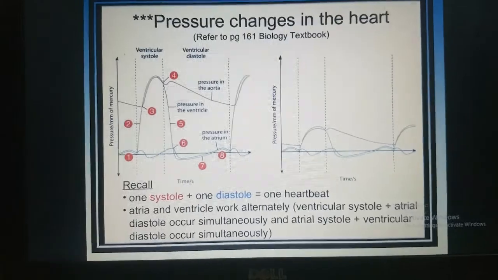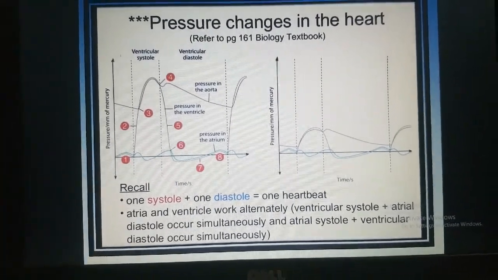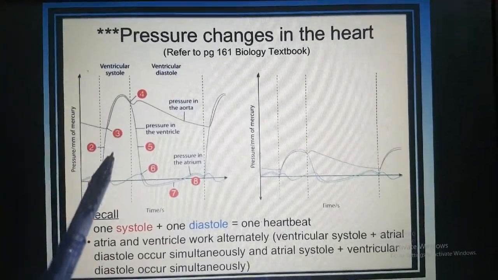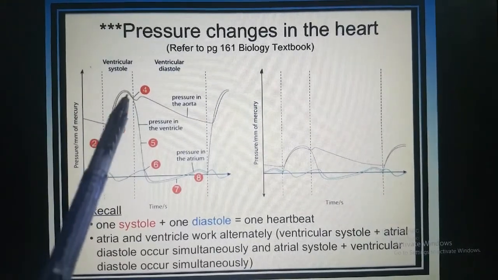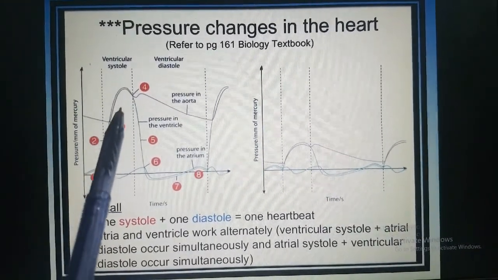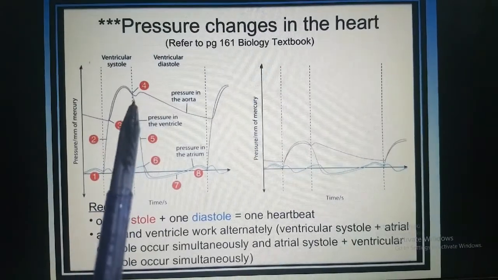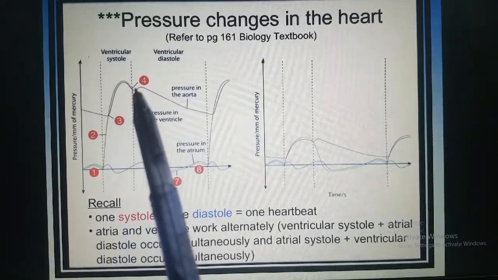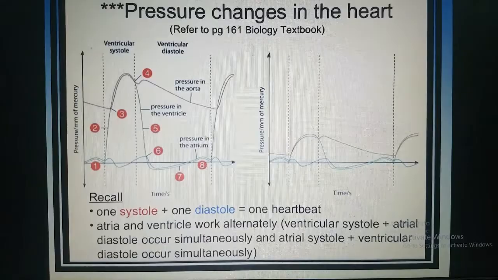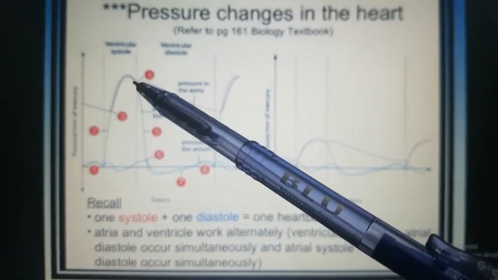This is ventricular systole, where blood is moving out.